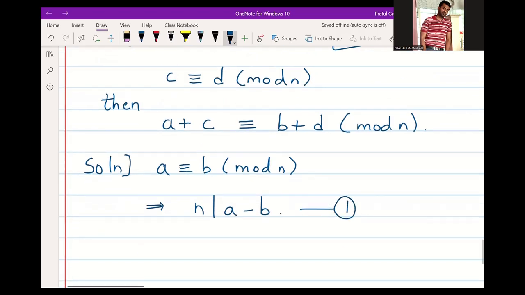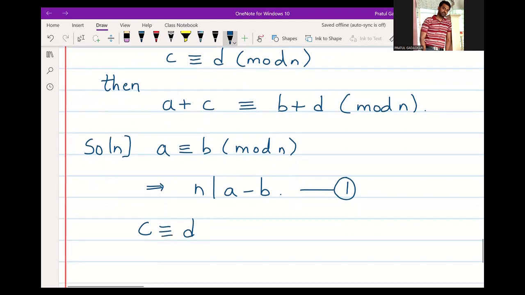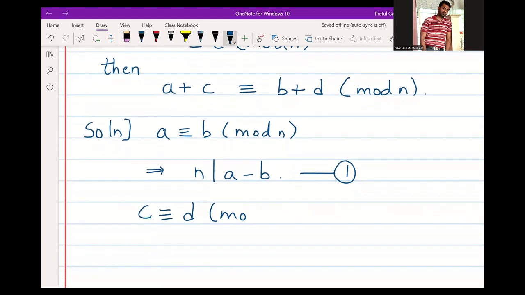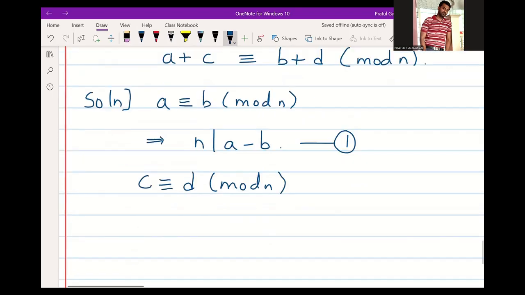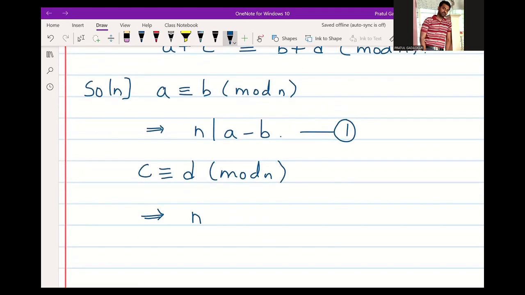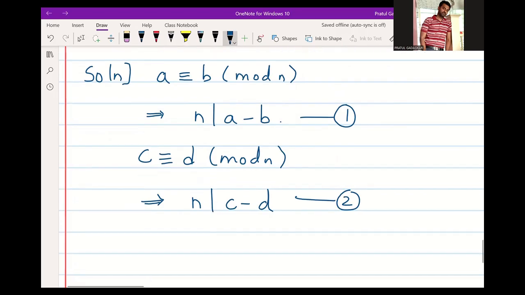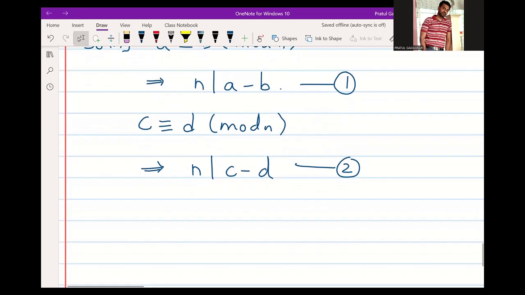And C is congruent to D modulo n, so by definition n divides C minus D. This is 2. If I combine 1 and 2, I can see that n divides A minus B and n also divides C minus D.